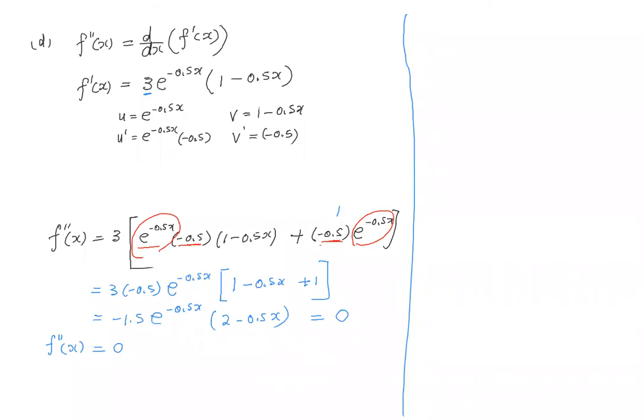Negative 1.5 e to the power of negative 0.5x equals 0. So straight away, what do you write down here? No solution. Correct. So that is called the habit: the moment you see e to the power of something equal to 0, there is no solution. Then the next one: 2 minus 0.5x equals 0. So what is your x? So x equals 4, 2 over 0.5, correct?